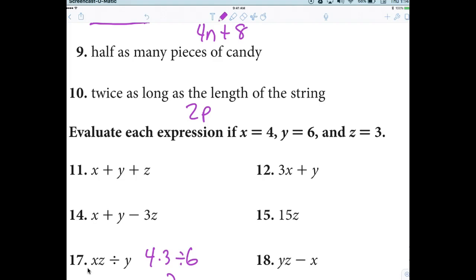C minus 1/2. No. Think about it like this. I always think about money. If I said, what's half of $10? How did you get that? In your head, what you're trying to do is say, I had half of 10. What did I do to 10 to get it to 5? Subtract 5.